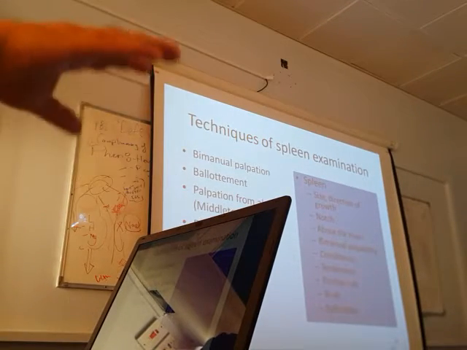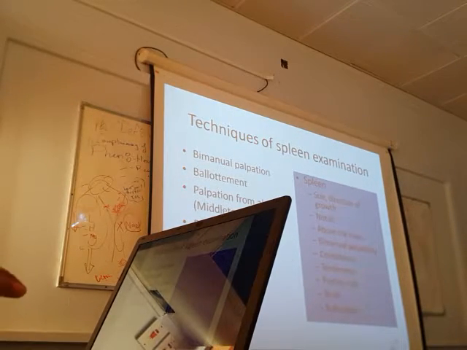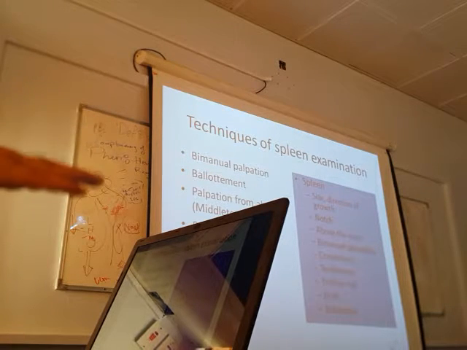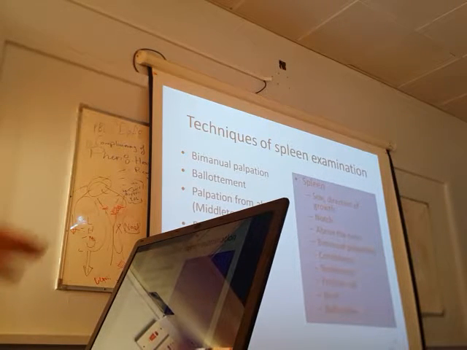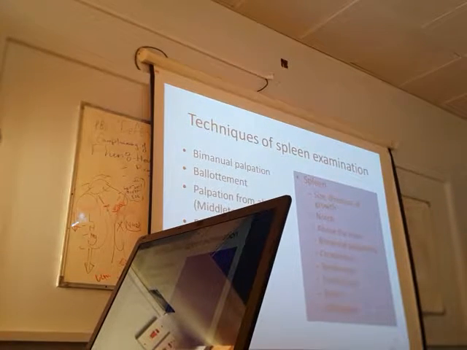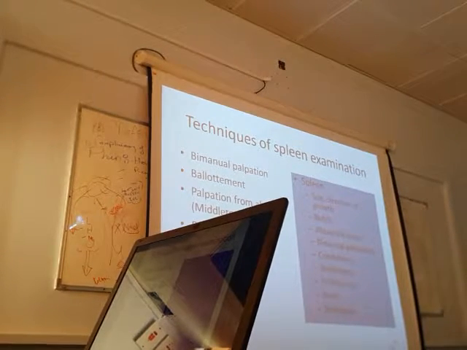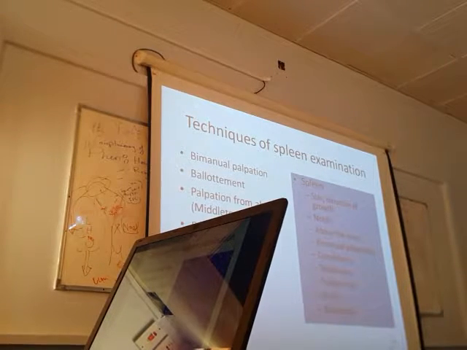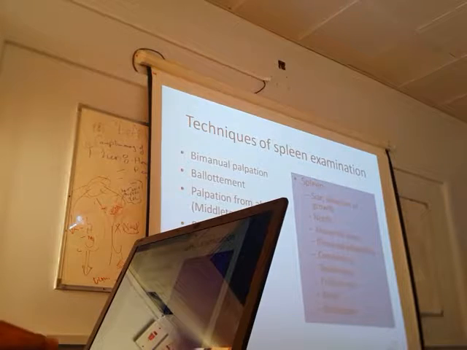Whether it is tender or not tender. There is temperature: if it is hot, is the temperature raised or not? That's very important in a mass. Mass differentiation between intra-abdominal and in the abdominal wall is very important.